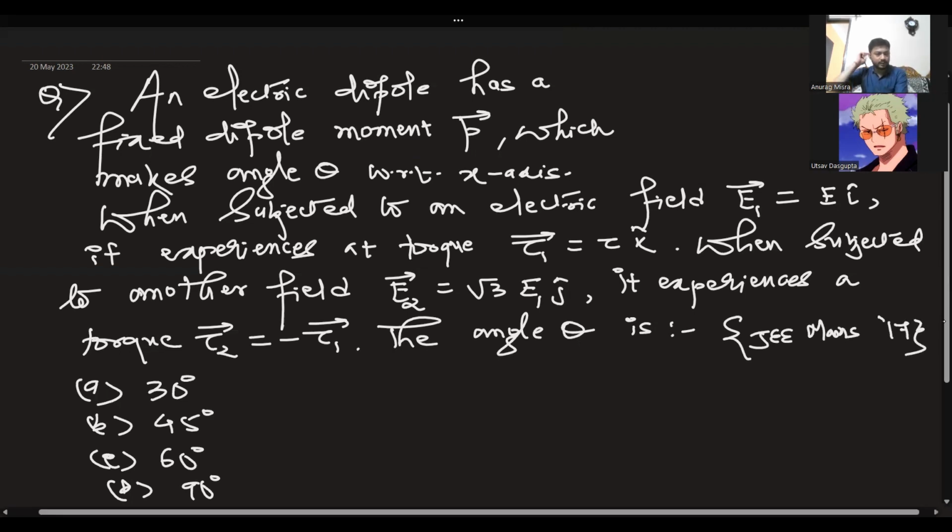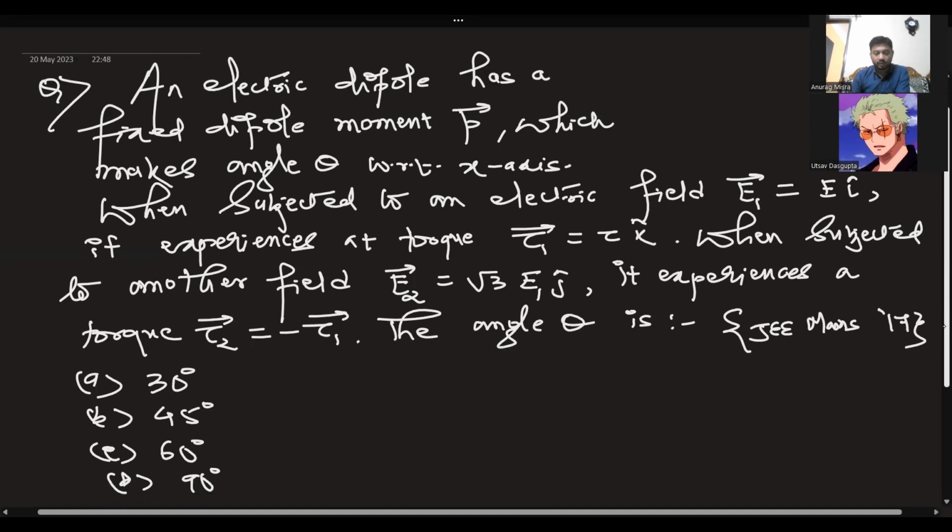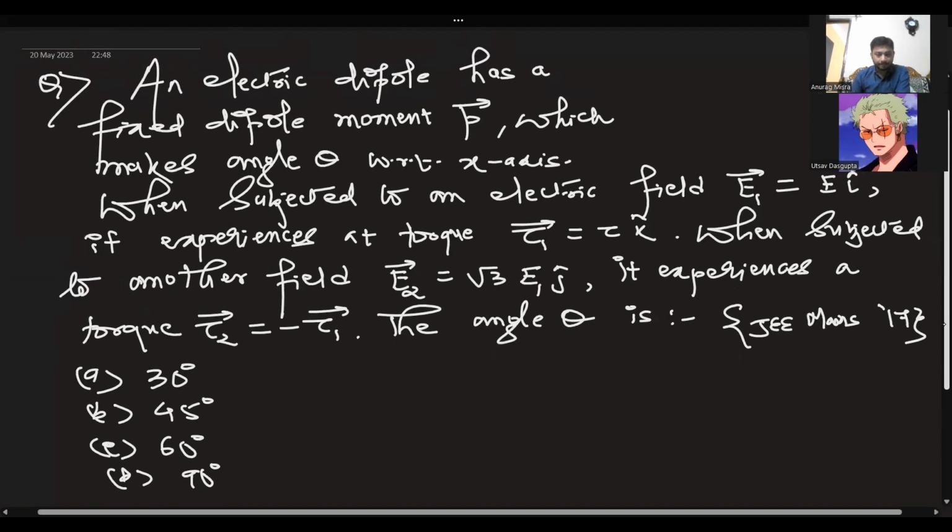So read the question carefully, that an electric dipole has a fixed dipole moment P, which makes angle theta with respect to x-axis. When subjected to electric field E1 i cap, initially the electric field was along x-axis, dipole moment was making angle theta with it.